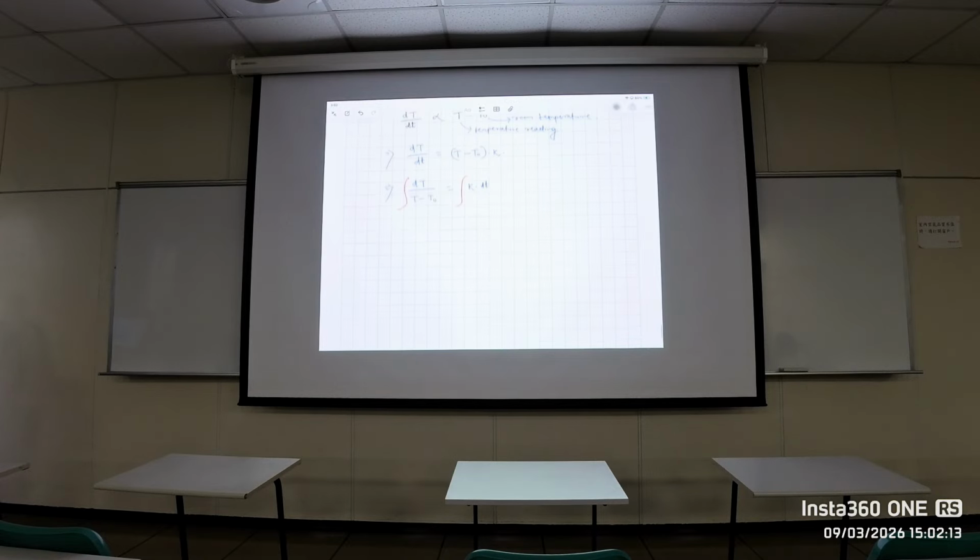I am applying the integration here. So when I am applying the integration, I will get ln of T minus T0 is equal to kt plus c.